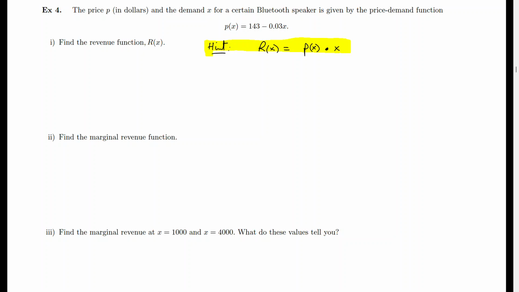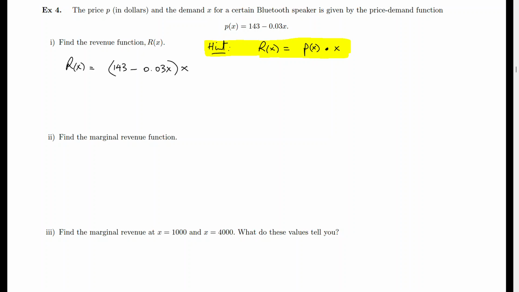So if I want the revenue equation, but I'm only given the price demand function, to get the revenue I have to multiply x by the price demand function. So the revenue equation in this problem is going to be 143 minus 0.03x, all multiplied again by another x.